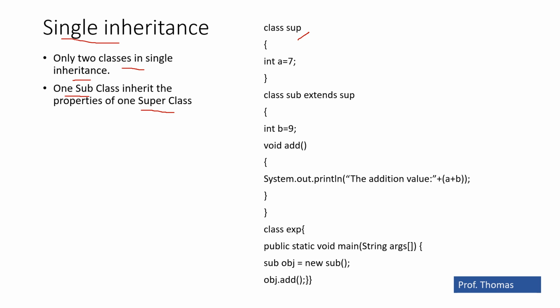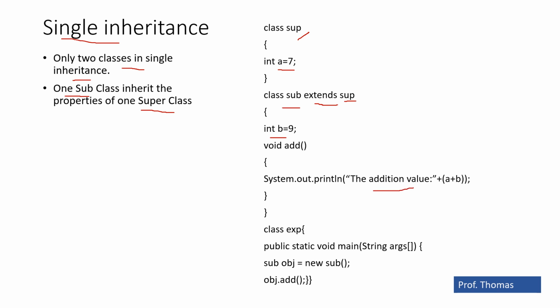For example, class super and class sub. The class sub extends the class super. The class super has a class variable a equal to 7 and class sub has a class variable b equal to 9. The subclass adds both these values, a plus b.